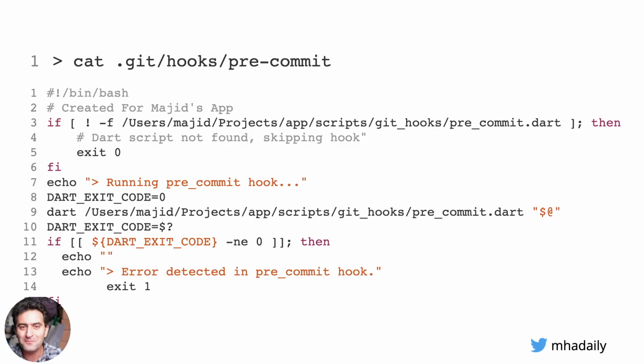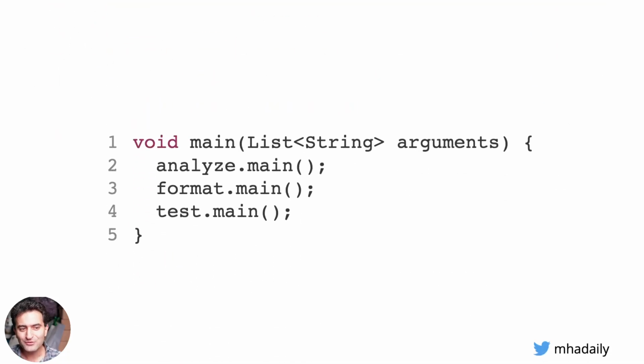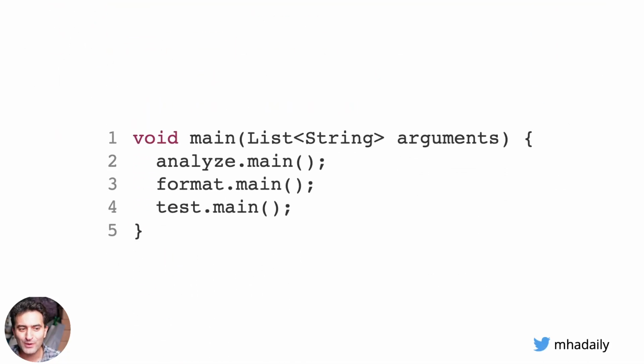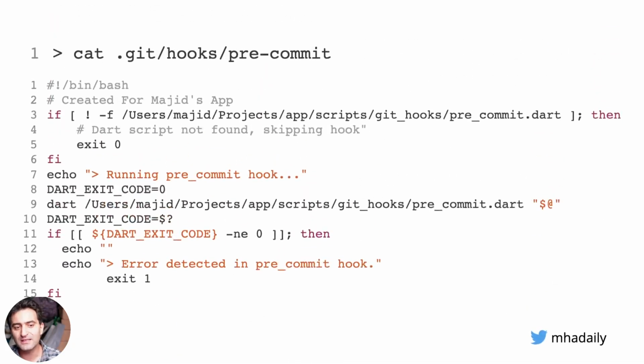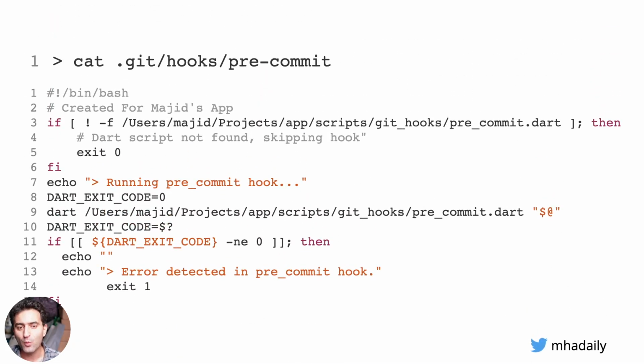Then technically, you don't need to write any other code except Dart. You just need to add this Dart script to your pre-commit Git hook in your project. This is exactly what you can do with all of the others. In this example, I've created a script for pre-commit.